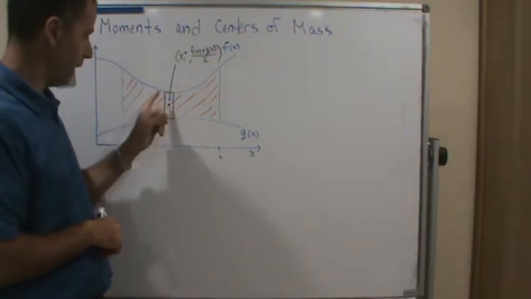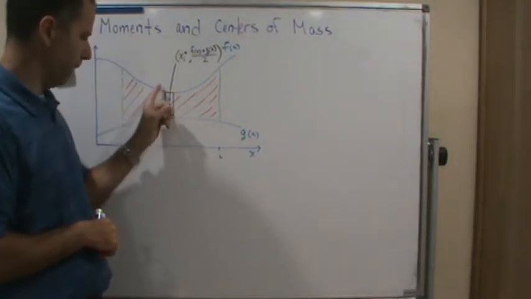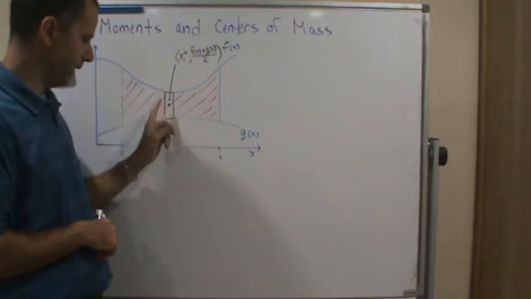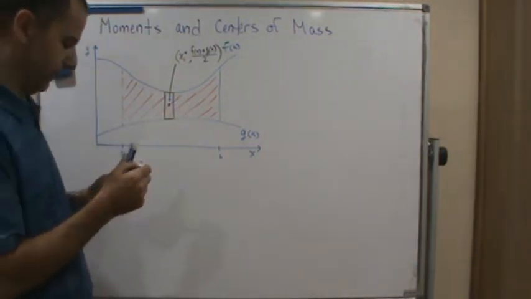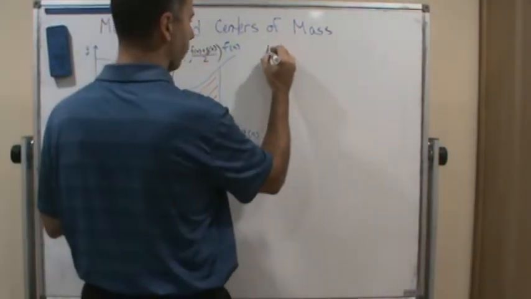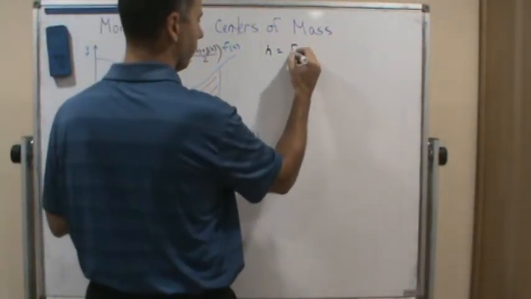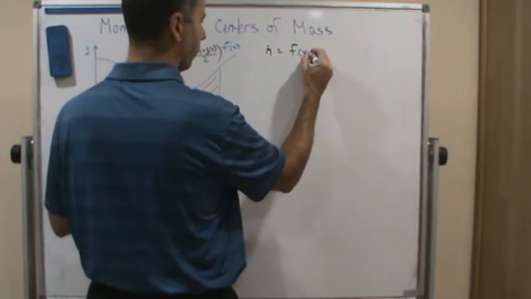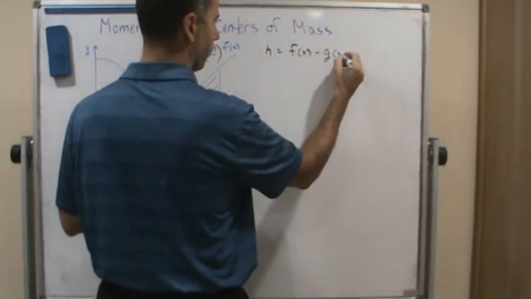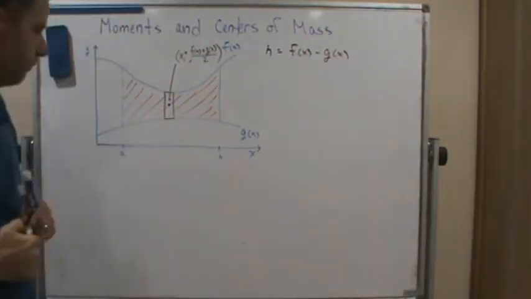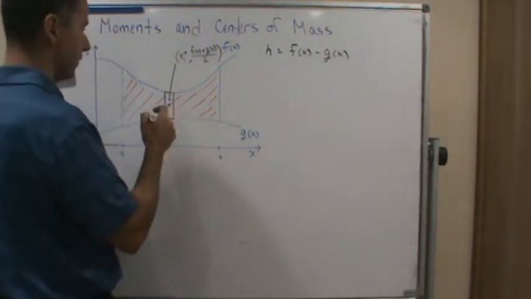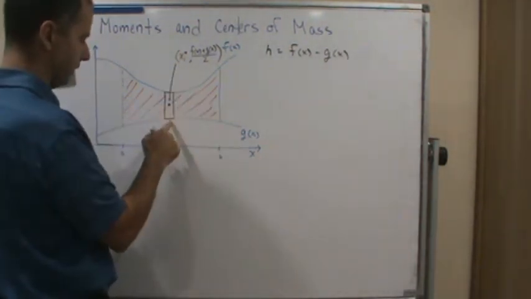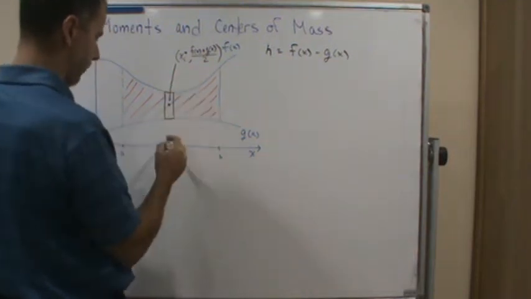The rectangle is bounded above by f of x and below by g of x, so the height of the rectangle is now going to be this. And again, we're talking about the same x sub star on an interval.